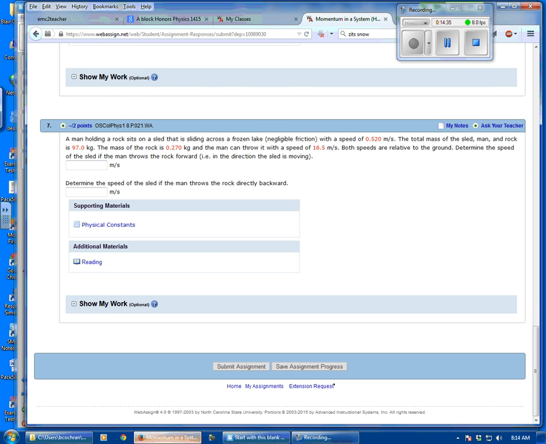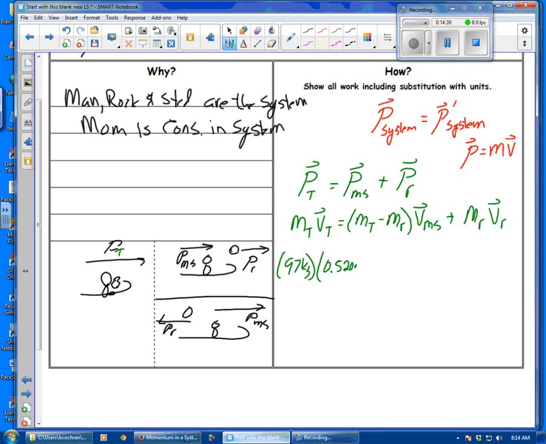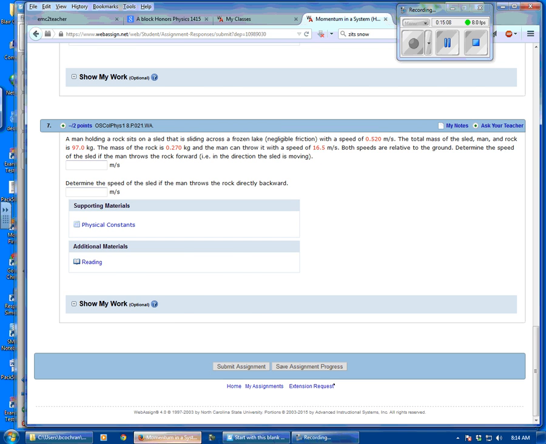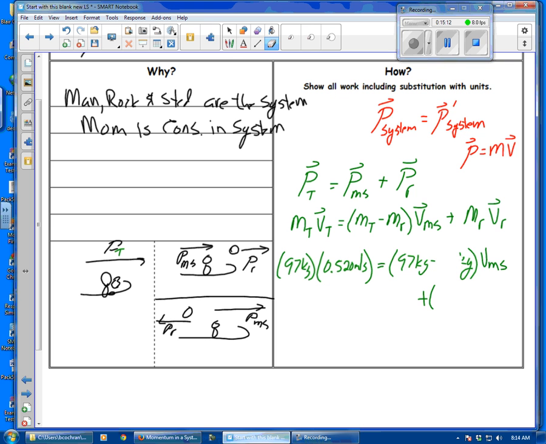Velocity total 0.520 meters per second equals 97 kilograms minus 0.270 kilograms times v of the man and sled, which I don't know, plus, sorry, you can't really read this, 0.27 kilograms times 16.5 meters per second.